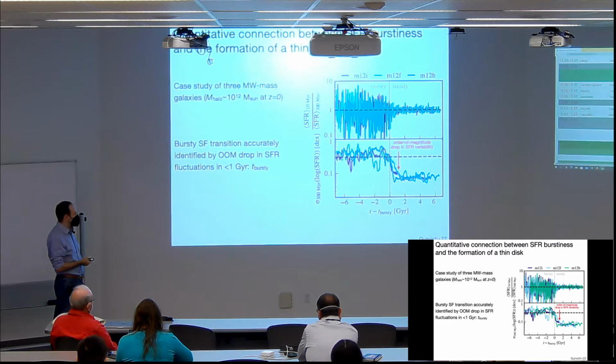And if you focus on the bottom panel, this basically says that while you have order of magnitude fluctuations in the star formation rate at early times, this variability drops by about an order of magnitude in a time span that is less than a gigayear. So this is the sense in which this transition is relatively sharp.